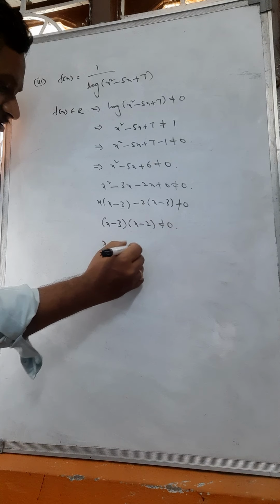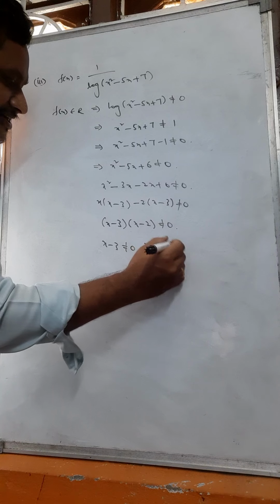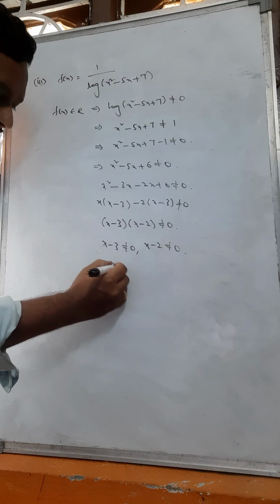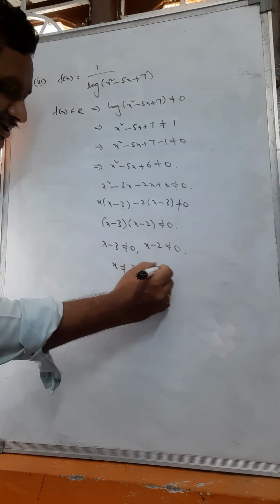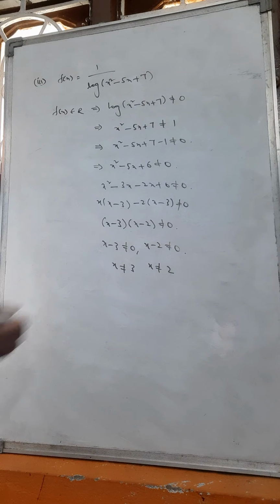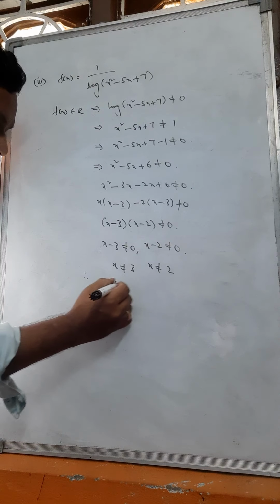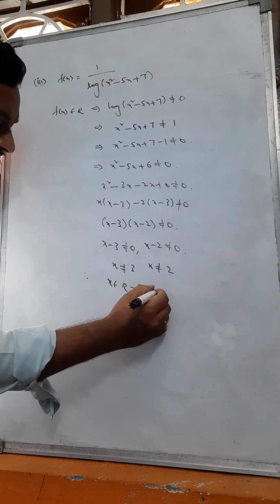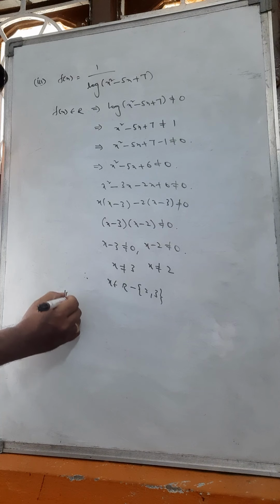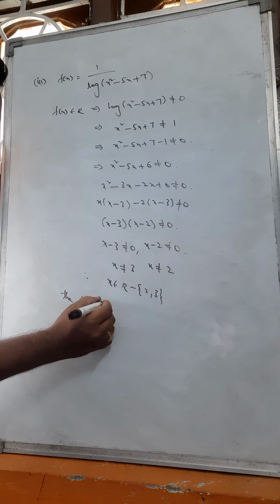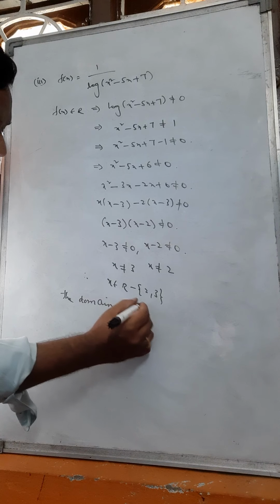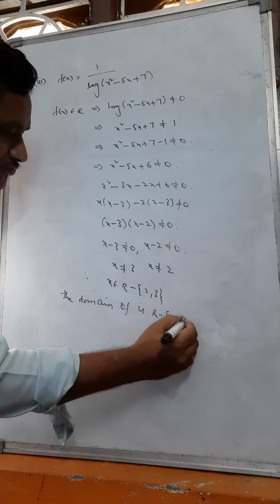X minus 3 is not equal to 0 and x minus 2 is not equal to 0. So x is not equal to 3, x is not equal to 2. Therefore x belongs to all the real numbers except 2 and 3. Therefore the domain of f is R minus {2, 3}.